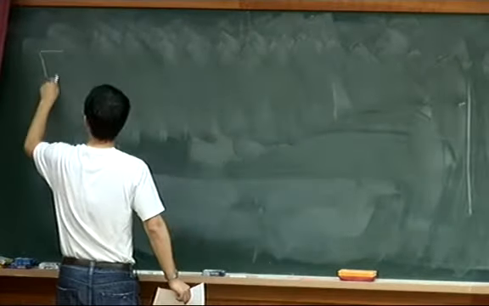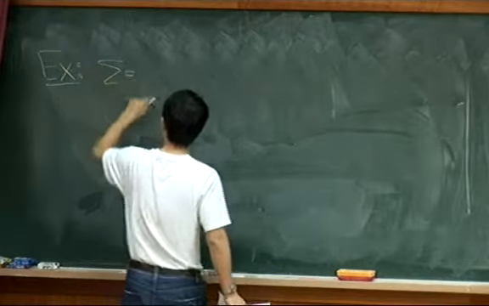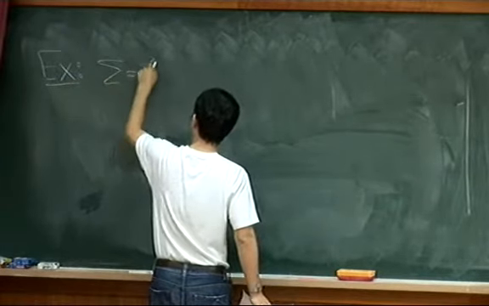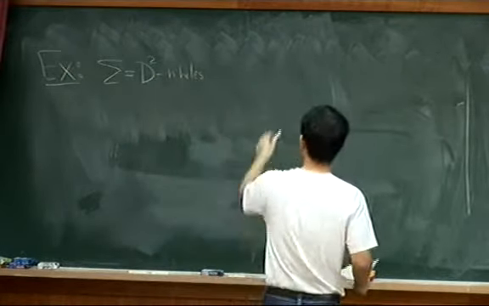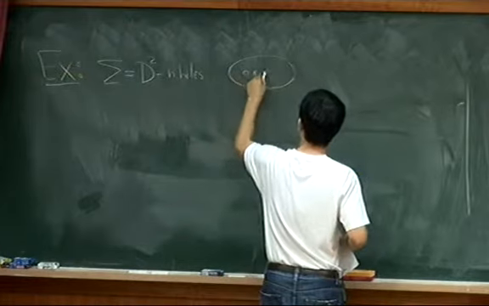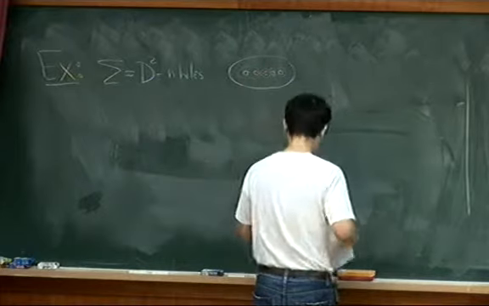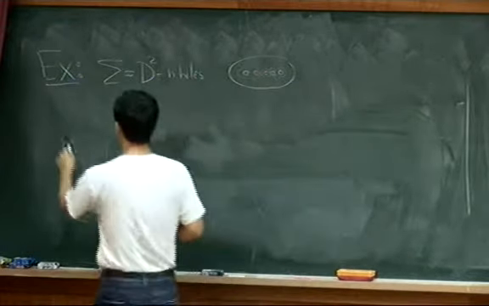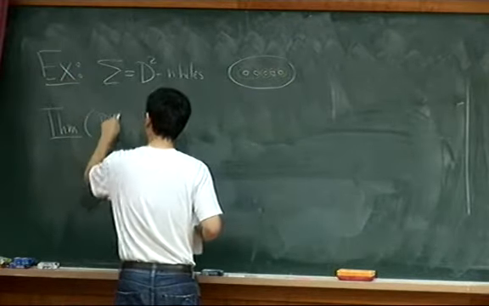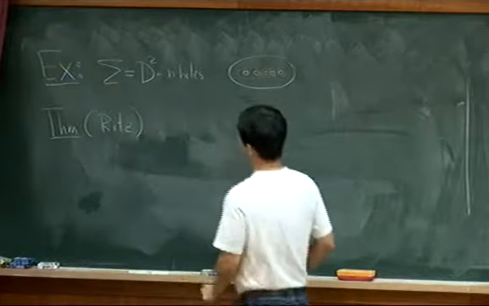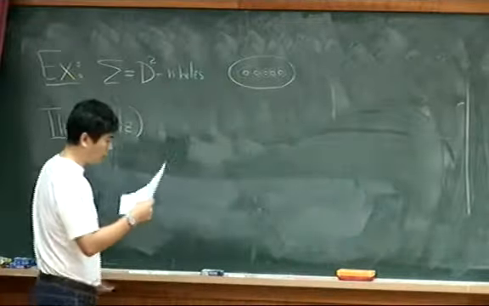So, the example of this. Suppose we have Sigma, the exact same example that we had, D2 minus a bunch of points and holes. And we were interested in the category that looks like this. So the theorem, basically due to my student, she basically did it for the corollary, but if you reinterpret this properly, you get the following statement.